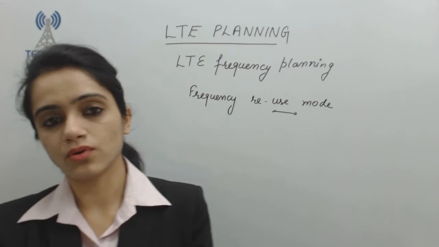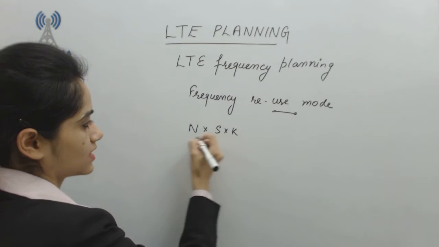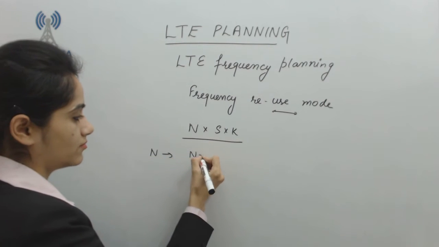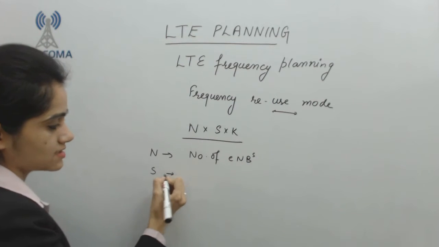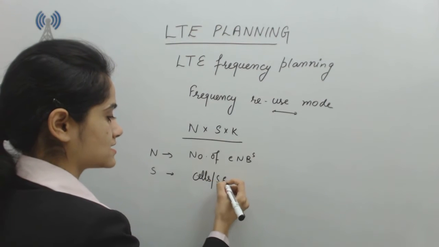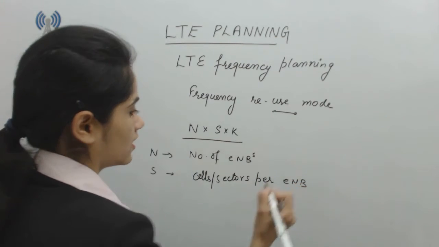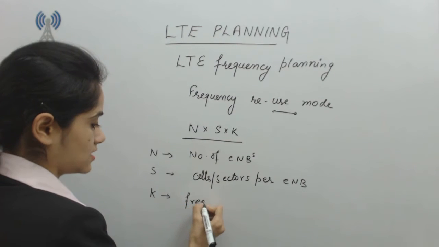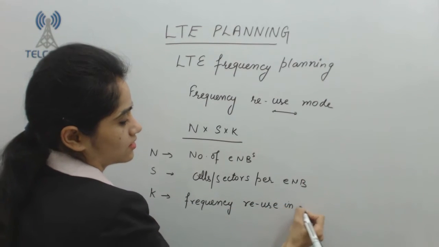So we have a mode, and that mode is N multiplied by S multiplied by K, where N is the number of eNodeBs, S, the letter S, is the number of cells, or I will write sectors, per eNodeB, and the third one, K, is the frequency reuse in eNodeB.